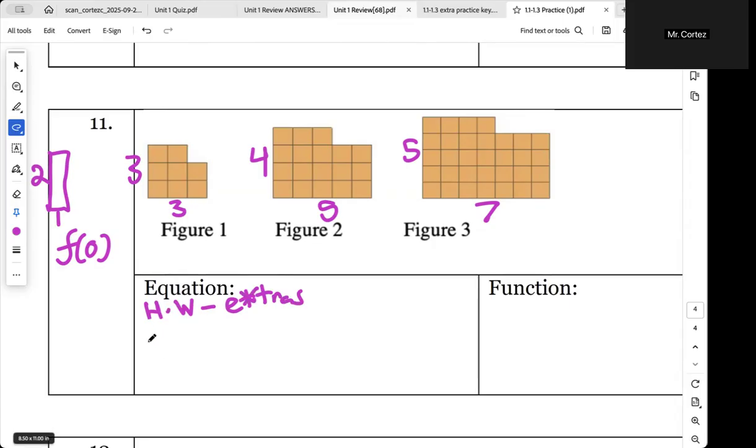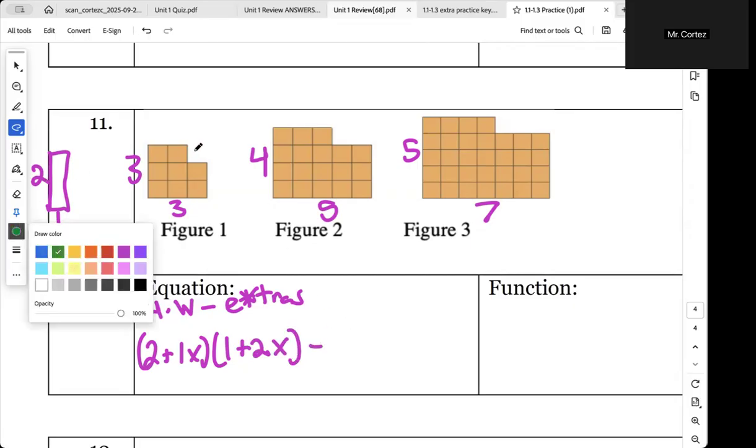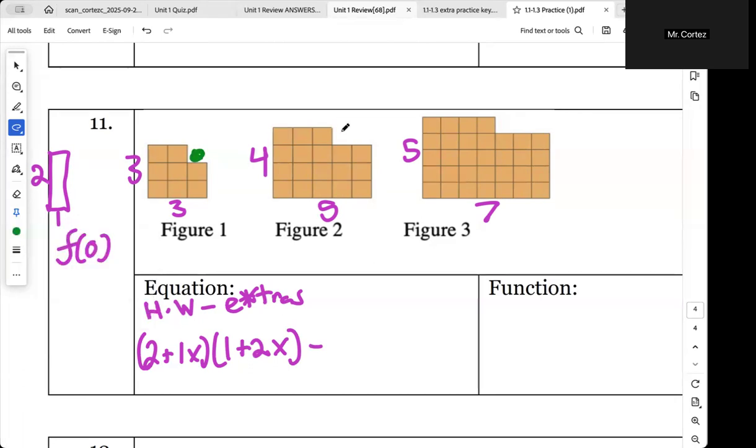So height is starting at 2, I add 1 x times. The width starts at 1 and adds 2 x times. And then we're deducting, we'll do this in green, like Oscar the Grouch. We lose 3, 2, 1.